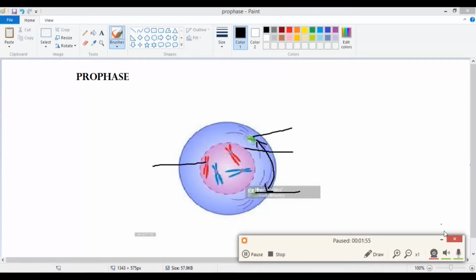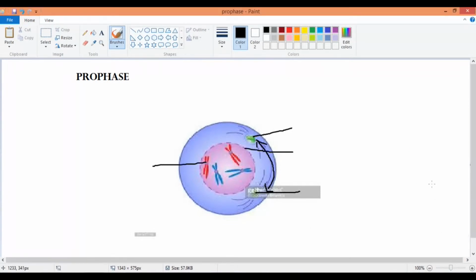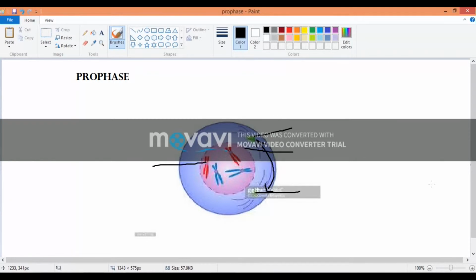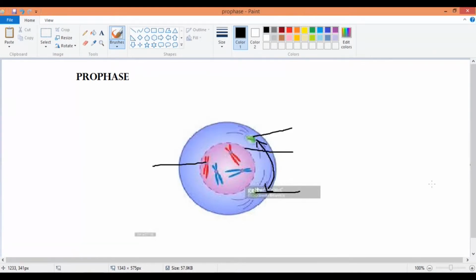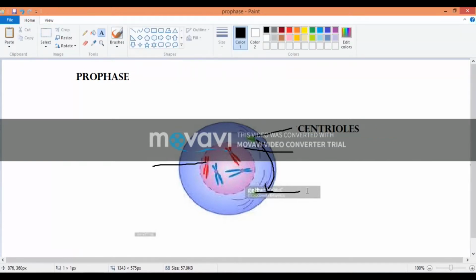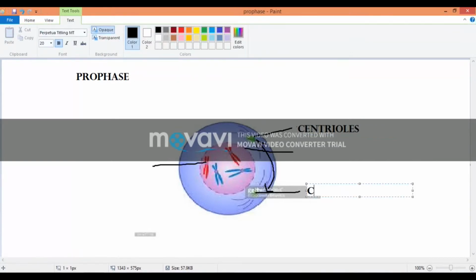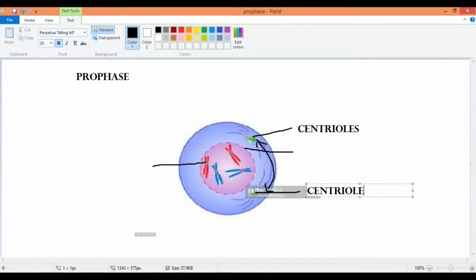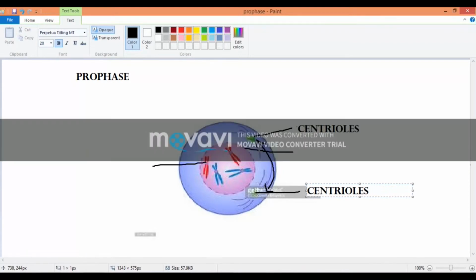Okay, prophase is the first true step of the mitotic process. It means that the mitosis process first occurs in prophase. So, in prophase, these are the centrioles, and they are moving towards different poles or areas.